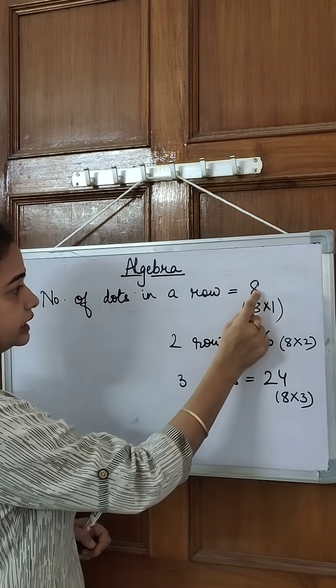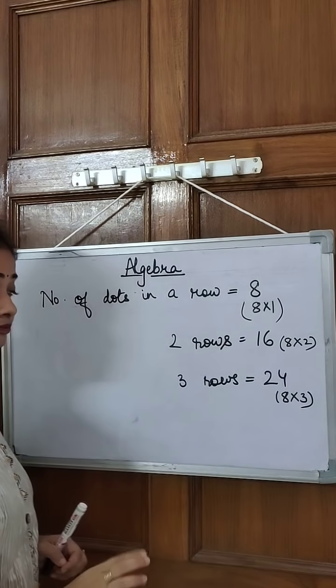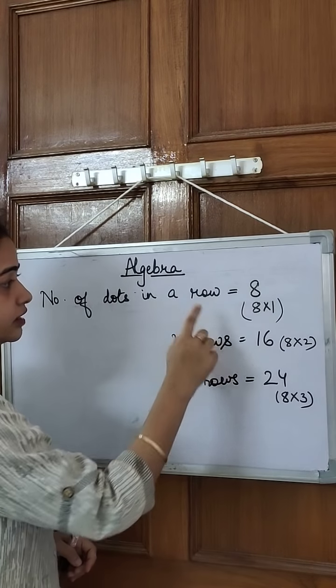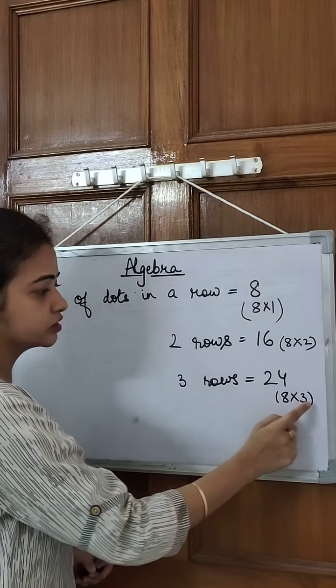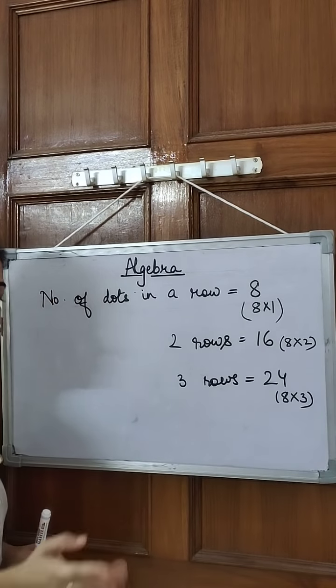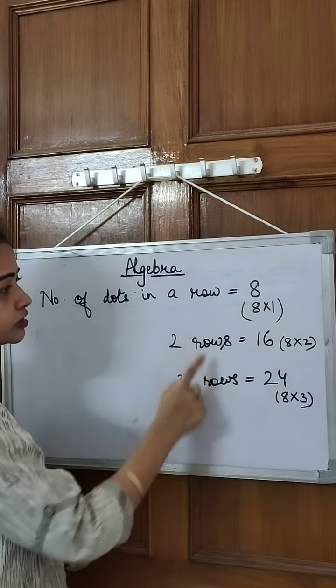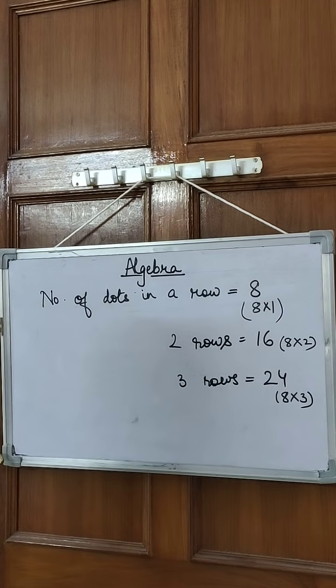The dots in each row are constant, everywhere 8, 8, 8. What is changing here is the number of rows. The number of rows is 1, then 2, then 3. Whatever is variable, we take as an alphabet. So in this question, let the number of rows be R.